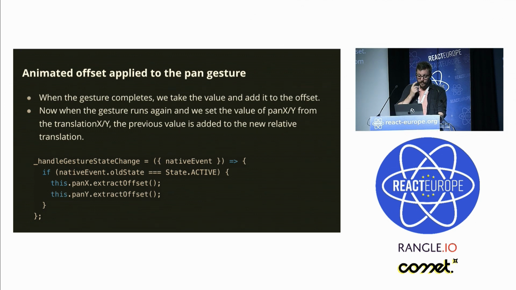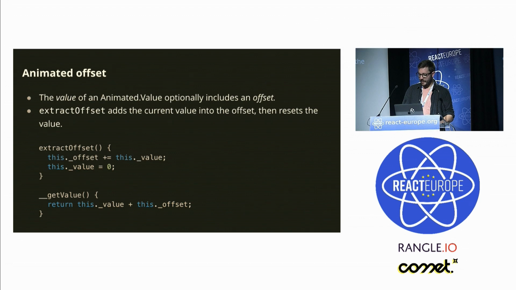So the way that we would do that is when we transition from active to any state, we need to take the animated value and call extract offset on each of those. And so again, that takes the current value. I wish I had better words for this. If you have suggestions for how to phrase this better, let me know.